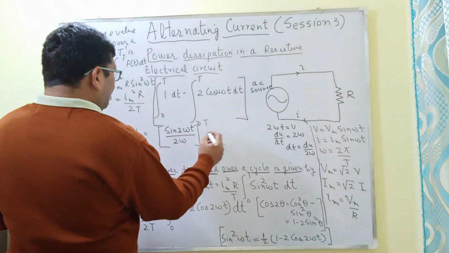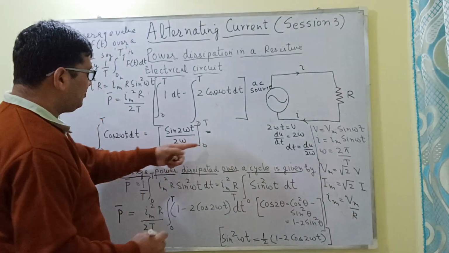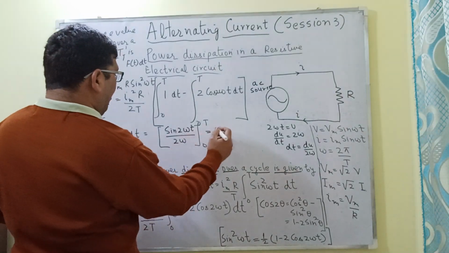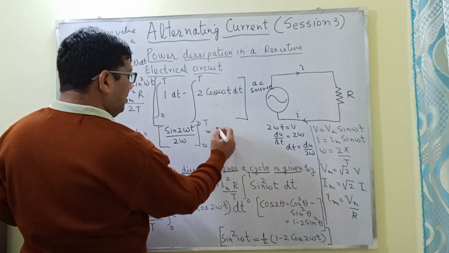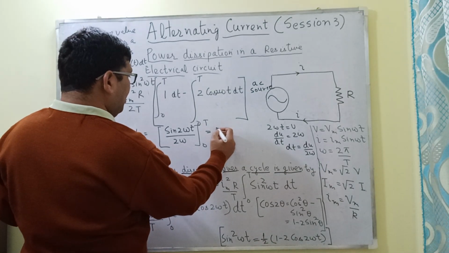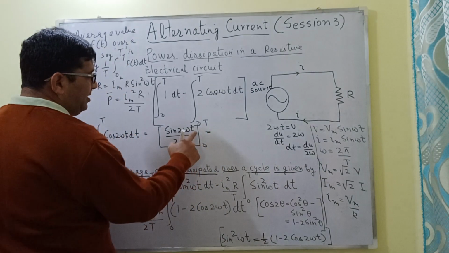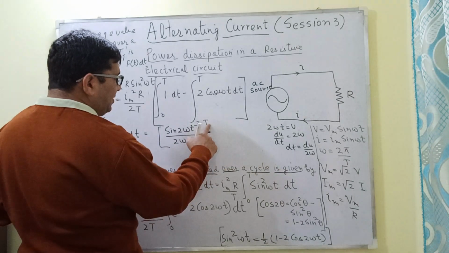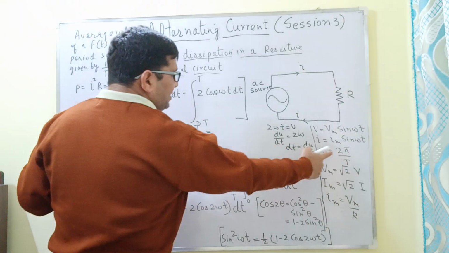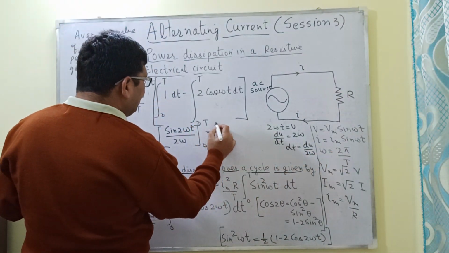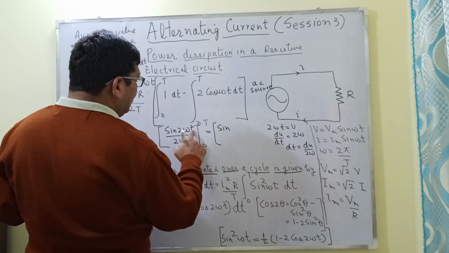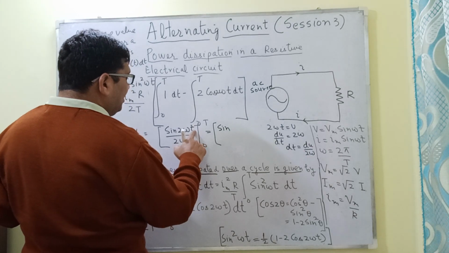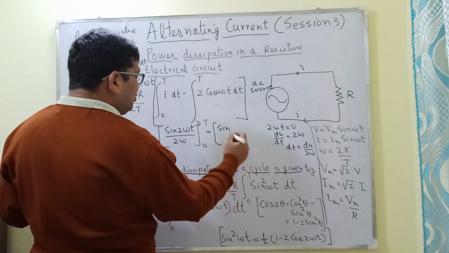So here I will be substituting the value of T as 2 pi upon omega.